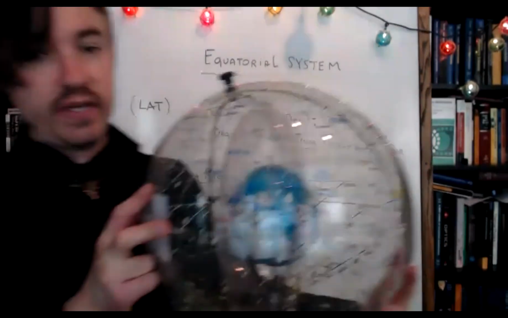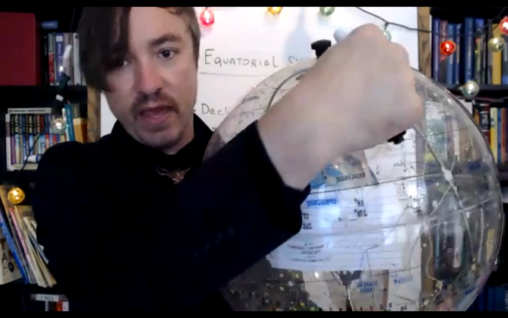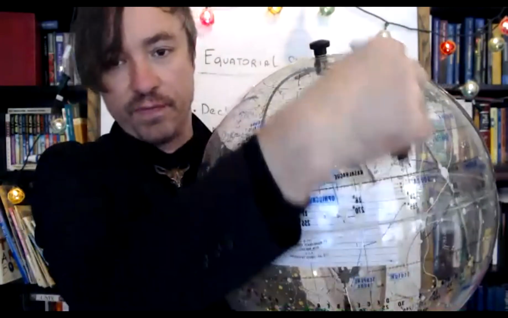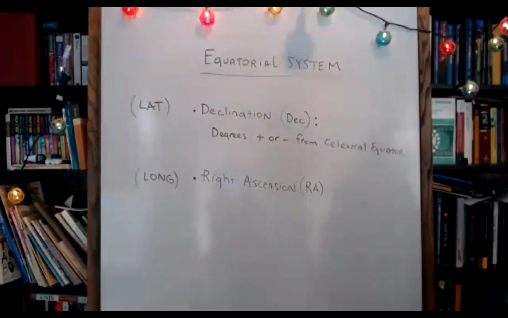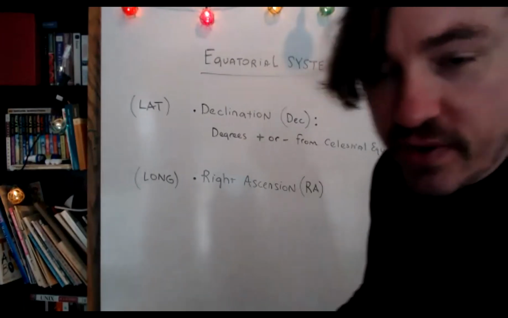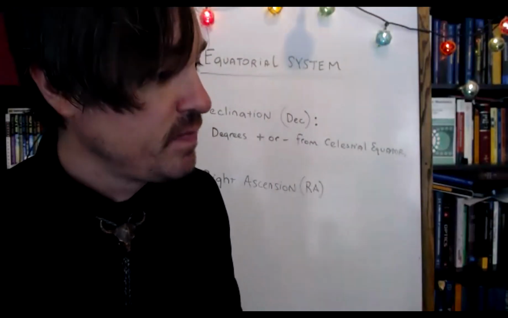The right ascension, the longitude lines, are like this. They run like tangerine slices, and they go through the globe from north to south. They measure east to west. And instead of measuring in degrees, they measure in hours. We're going to talk about that.